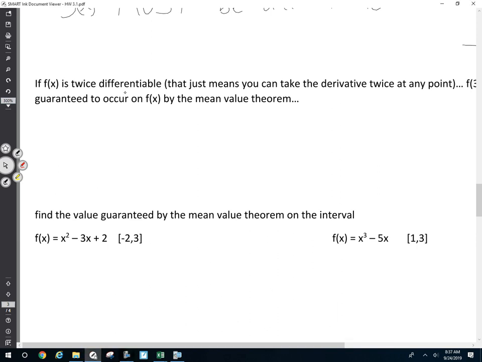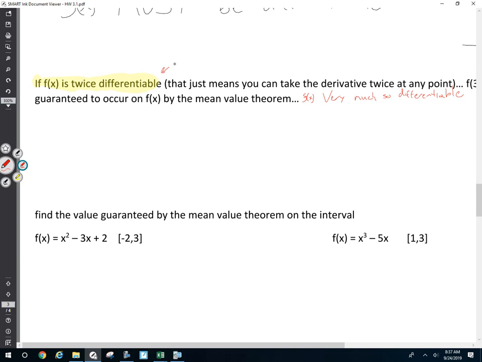If f of x is twice differentiable, you're going to see this often on tests. This sometimes confuses students, but don't let it confuse you. It just means that you could take the derivative twice at any point, which means f is differentiable and f prime is differentiable. It just means you can take the derivative. So it's very much so differentiable. It's not designed to be confusing.